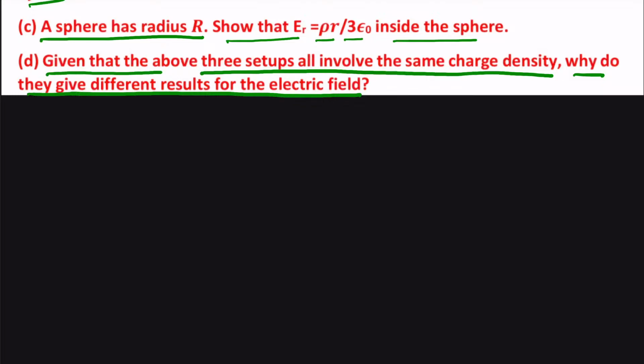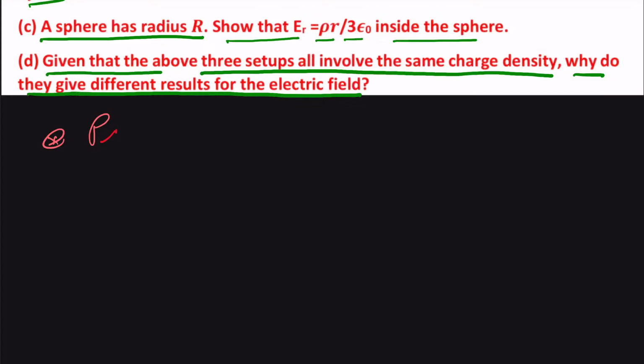The question is a little bit easy, the statement is a little more complicated. So simply we are going to use Gauss law and solve all the options.